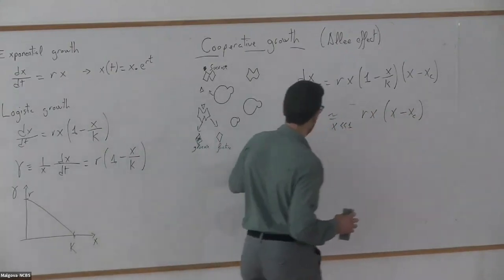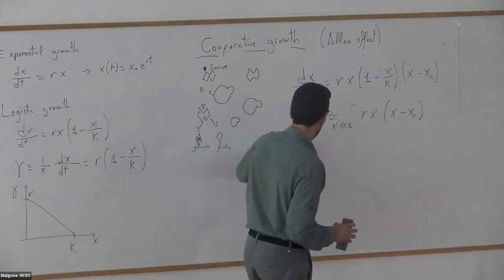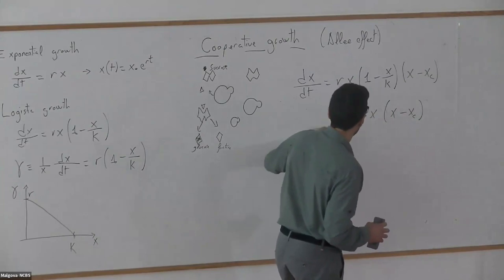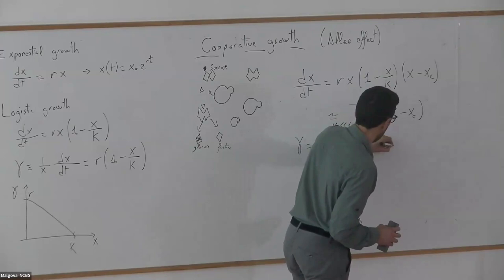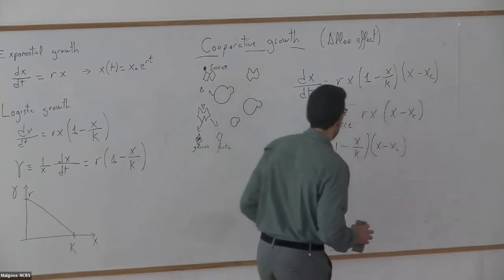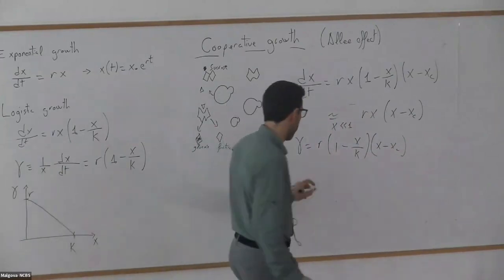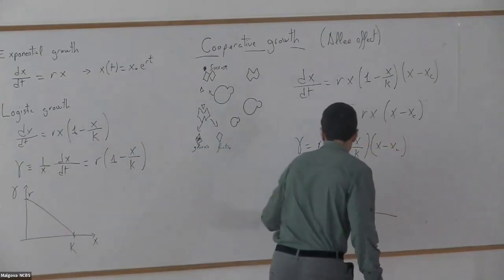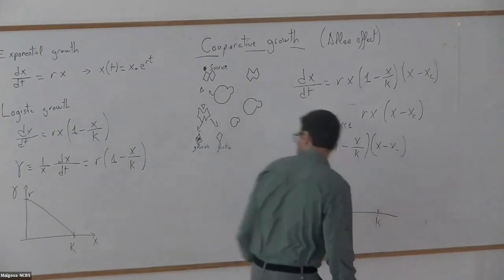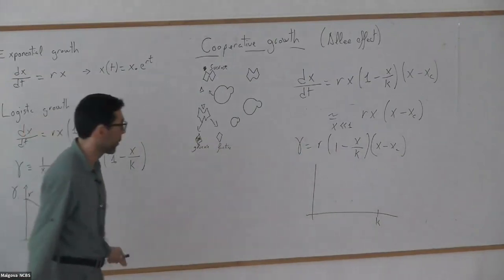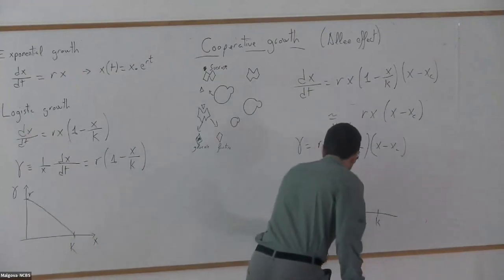And if we think about the per capita growth rate for this model, what we have now is R. So this per capita growth rate is now a quadratic form in X. It crosses 0 at K, same as for logistic growth, but then it also crosses 0 at XC, sorry.